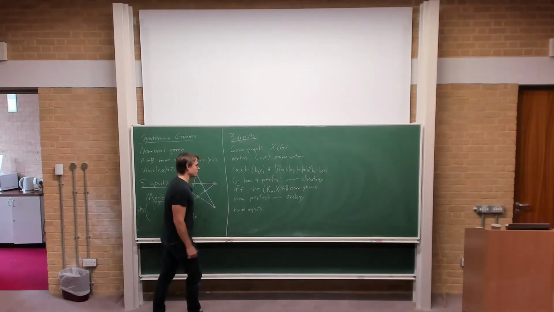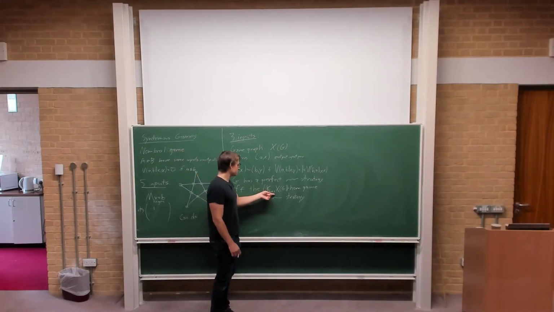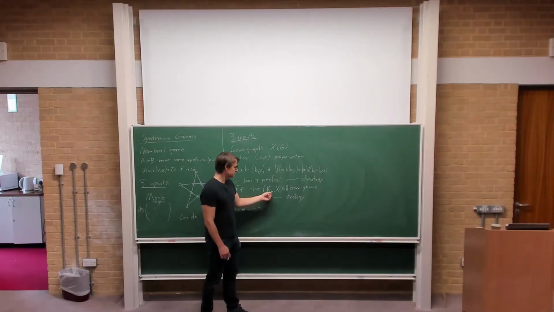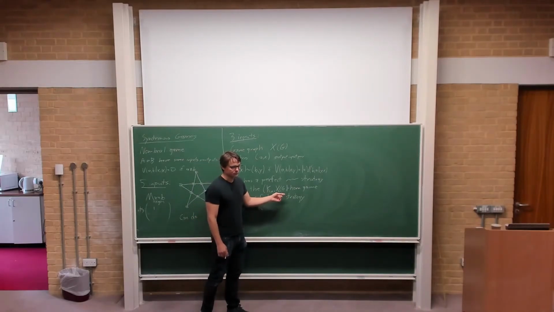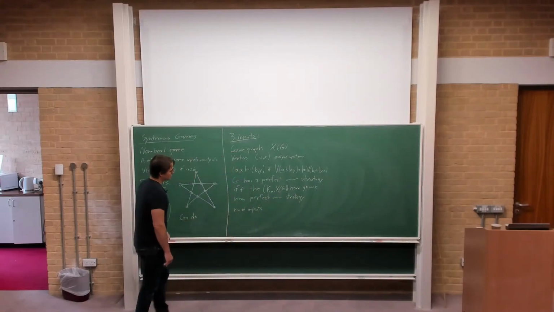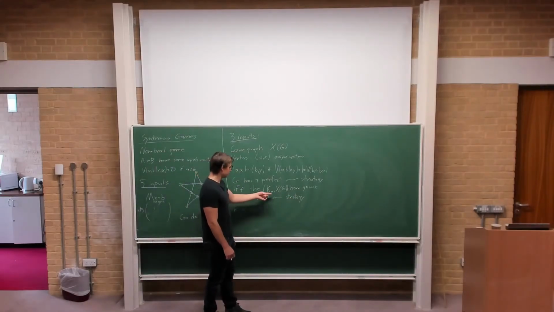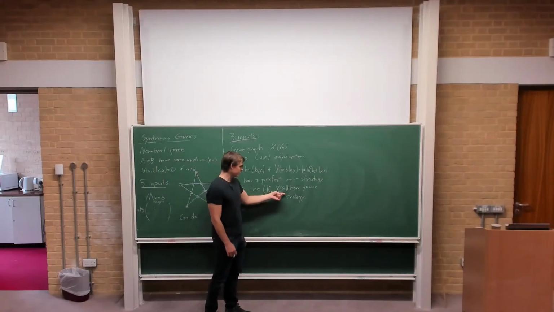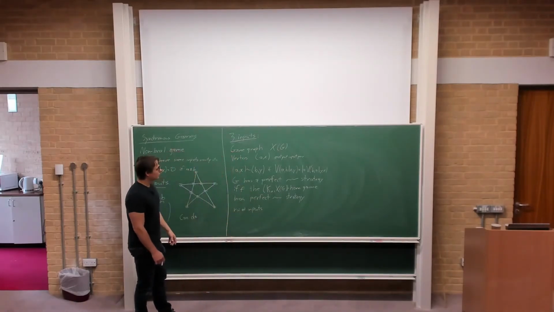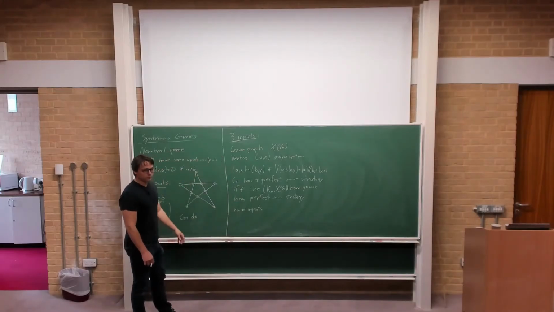Now, for n equals 3, it turns out that if you have a quantum 3-clique, you immediately have a classical 3-clique. Actually, it's true that if you have a quantum homomorphism from any odd cycle to your graph, then you must in fact have a classical homomorphism from that same odd cycle. So for n equals 3, if you have a quantum homomorphism, then you have a classical homomorphism. So you can't get 3 inputs. You can't do it.